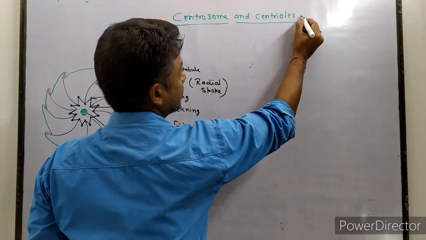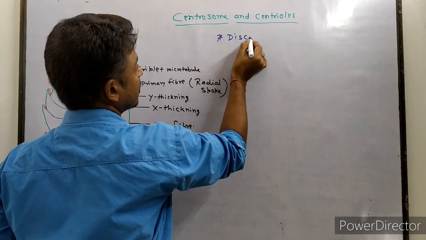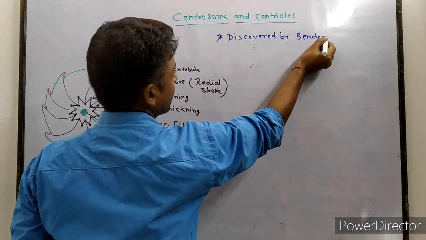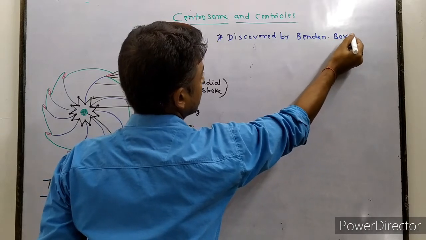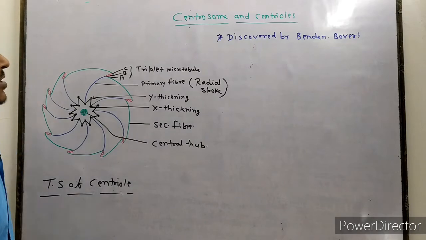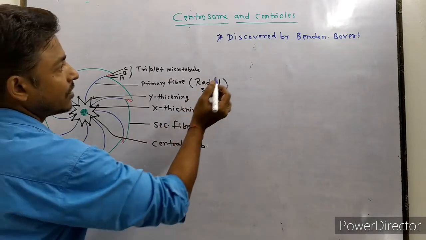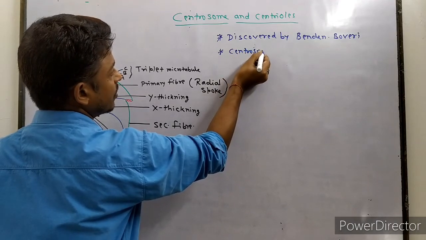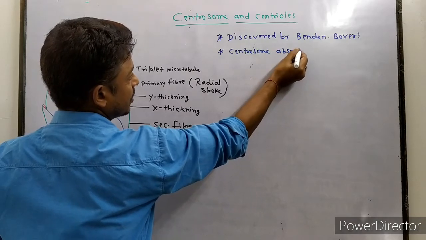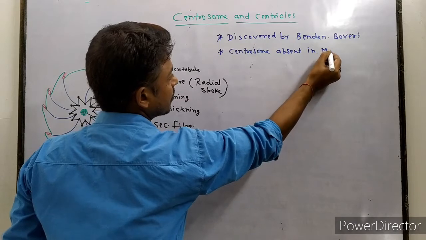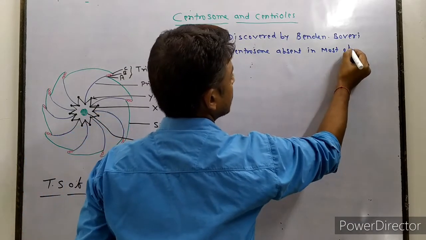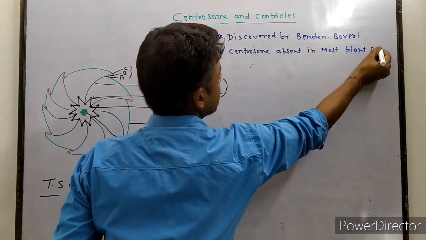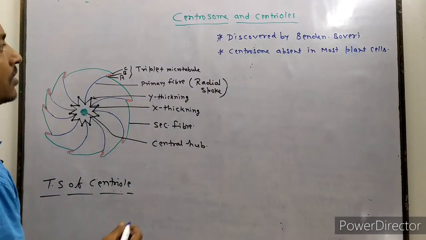Centriole or centrosome was discovered by Benden and Boveri. Centrosome is absent in most plant cells.